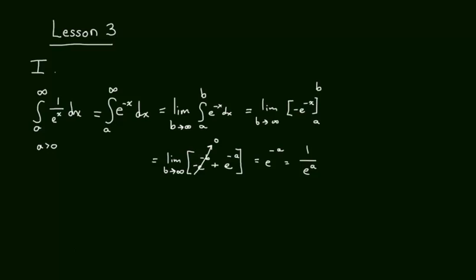So going forward, just like we had a p integral, we're going to say this integral from a to infinity of 1 over e to the x dx converges. And again, this is for a greater than 0.